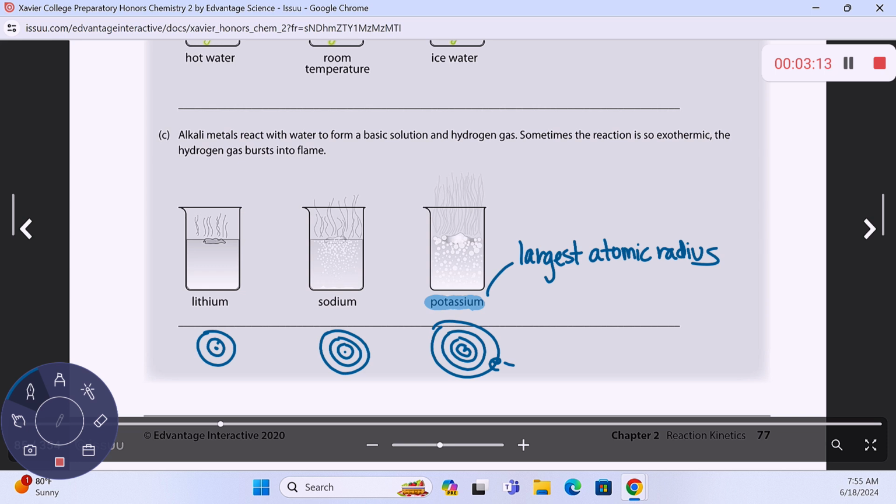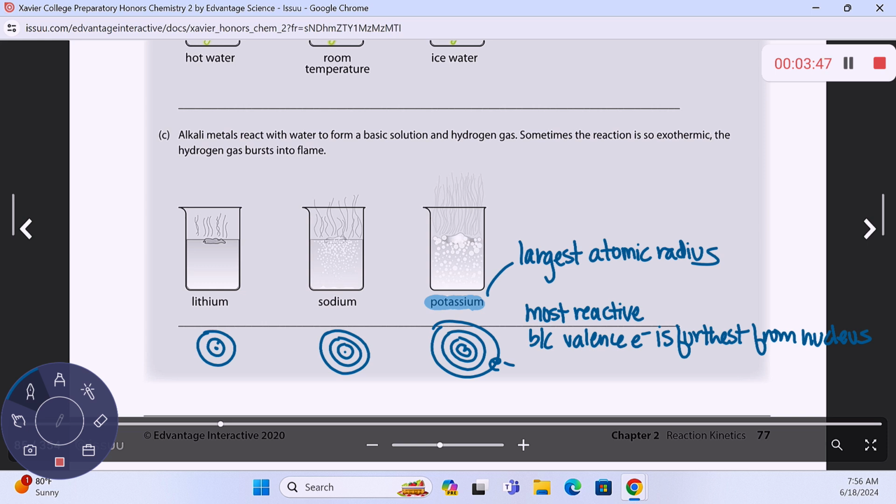So this one is the most reactive because its valence electron is furthest from the nucleus. It will readily give it up. Like, goodbye, right? It's not being held on tightly by the nucleus because it's so far away. So that's one of the reasons.